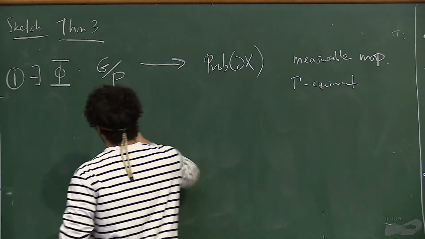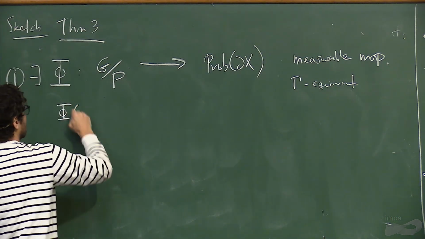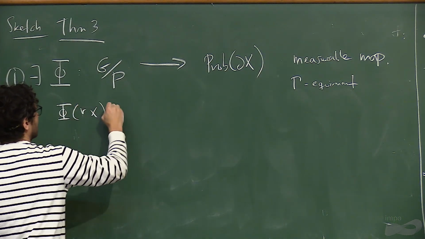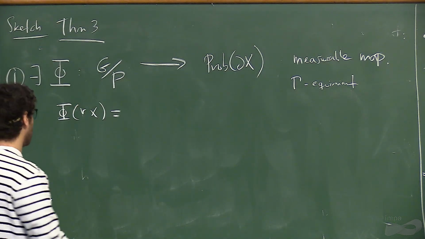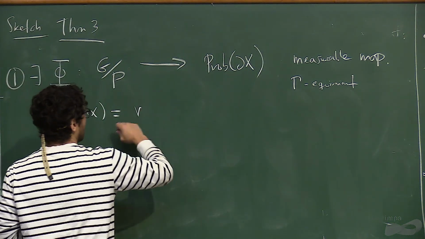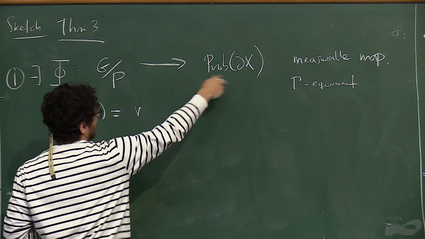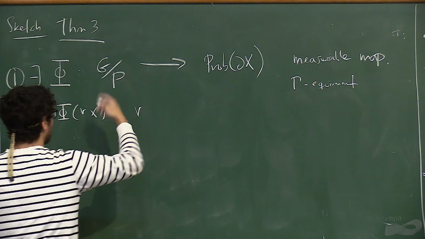So phi of gamma x: gamma acts on the boundary, and because it acts on the boundary, it also acts on probability measures.